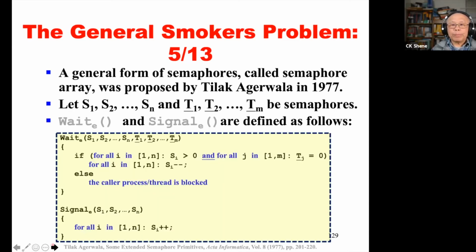Now, a general form of semaphores called semaphore array was proposed by Tilak Agerwala in 1977. It does not mean that between 1971, when parallel wait was proposed, and 1977, when semaphore array was proposed, there was nothing new.